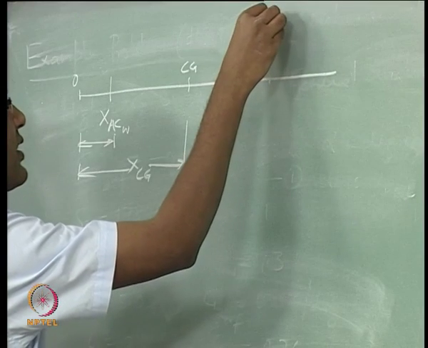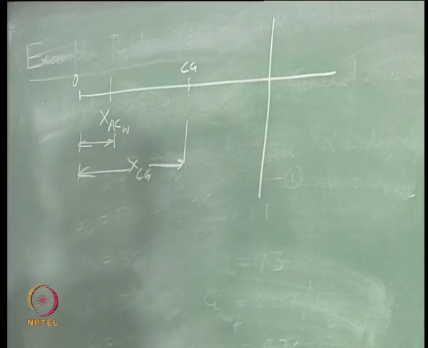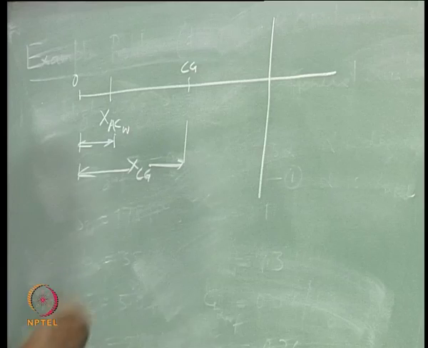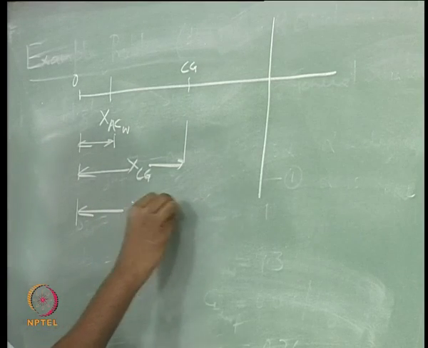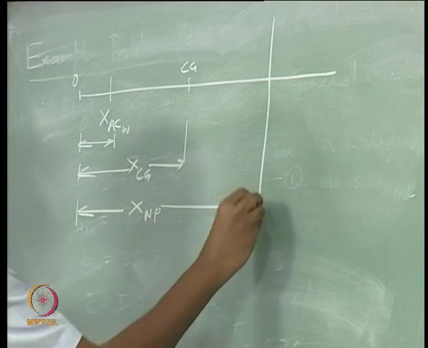Okay, so let's draw a line here, which is the location of the neutral point on the airplane.